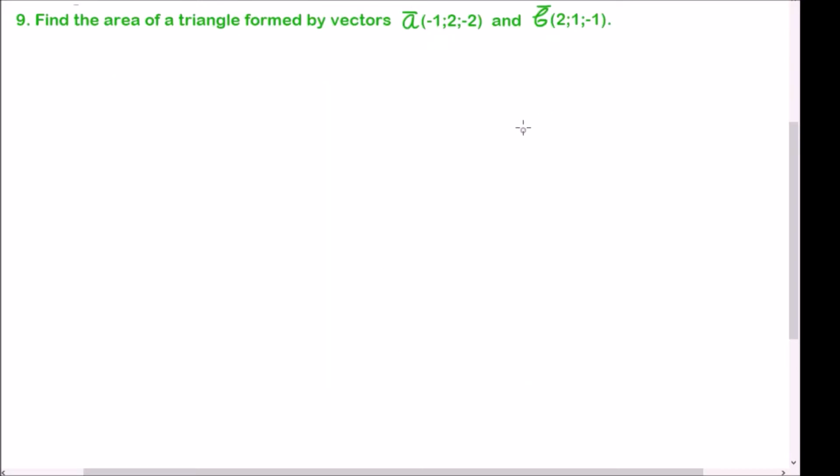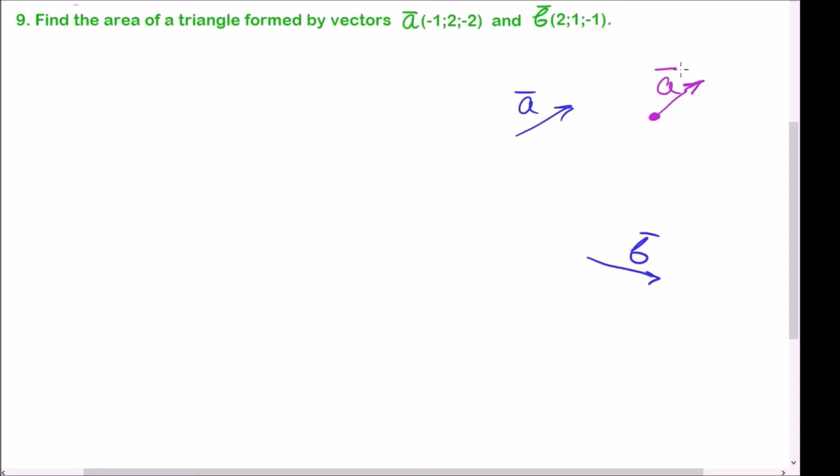We have two vectors, a and b, and we must find the area of the triangle formed by those vectors. Let's consider the given vectors when their initial point is the same.